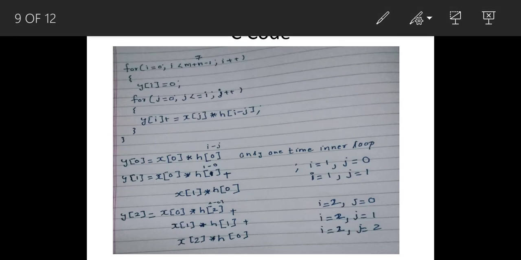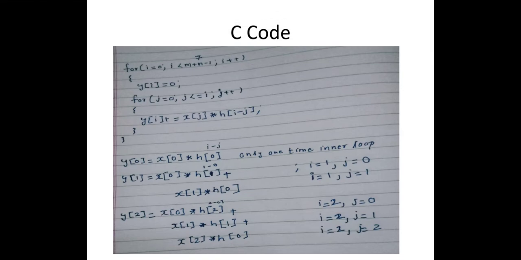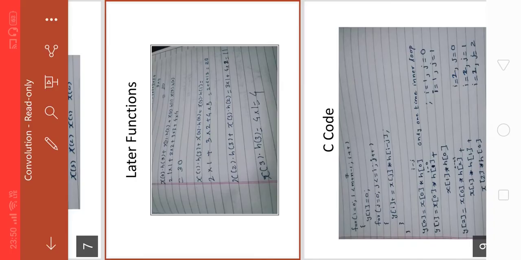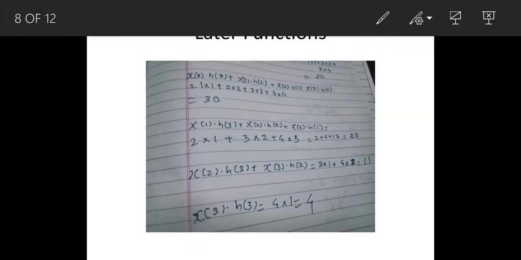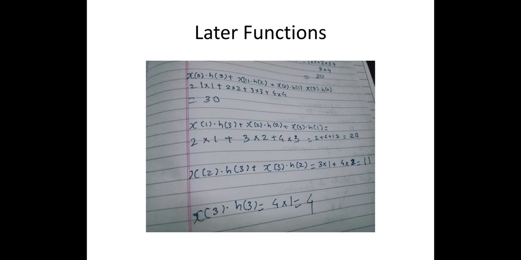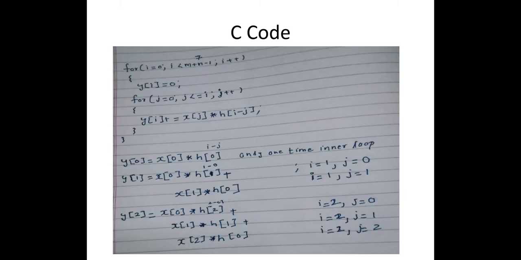The later samples which I will get are 20, 11 and 4. You can do it on your paper and find these values out.